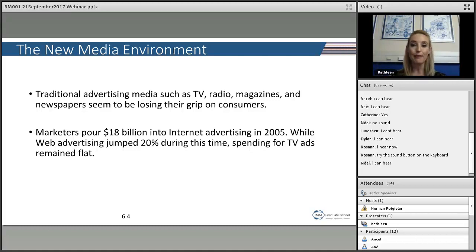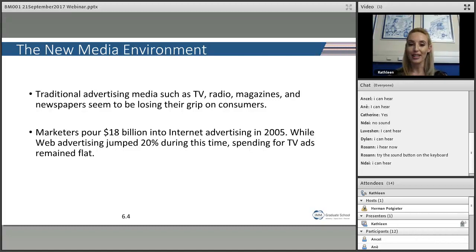This doesn't mean that they are no longer useful or valid to us. What it does mean is we have other options available to communicate with our customers, and we need to incorporate these options and make use of them. We don't want to be communicating through channels that our target market is not being exposed to.